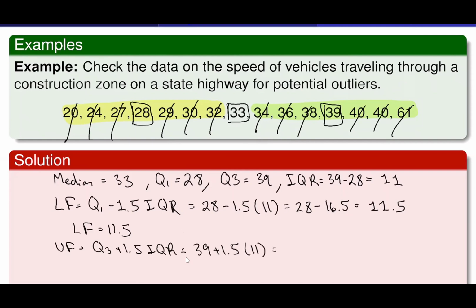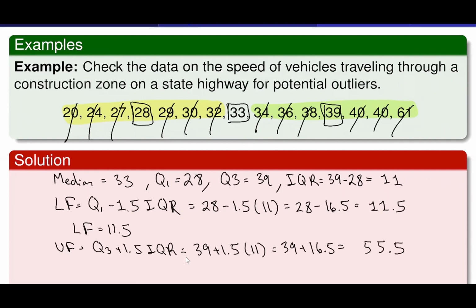If you do 1.5 times 11, you get 16.5. So you get 39 plus 16.5, and lastly, if we do 39 plus 16.5, you get 55.5 for my upper fence.